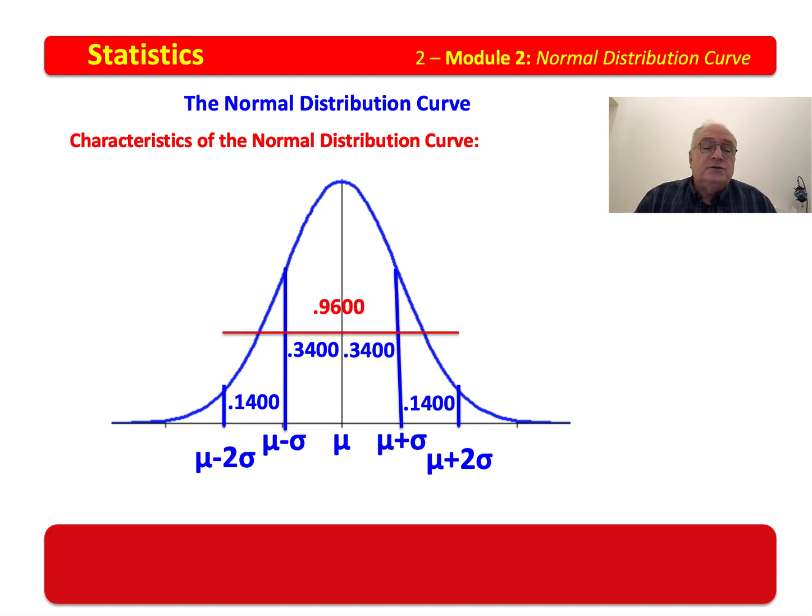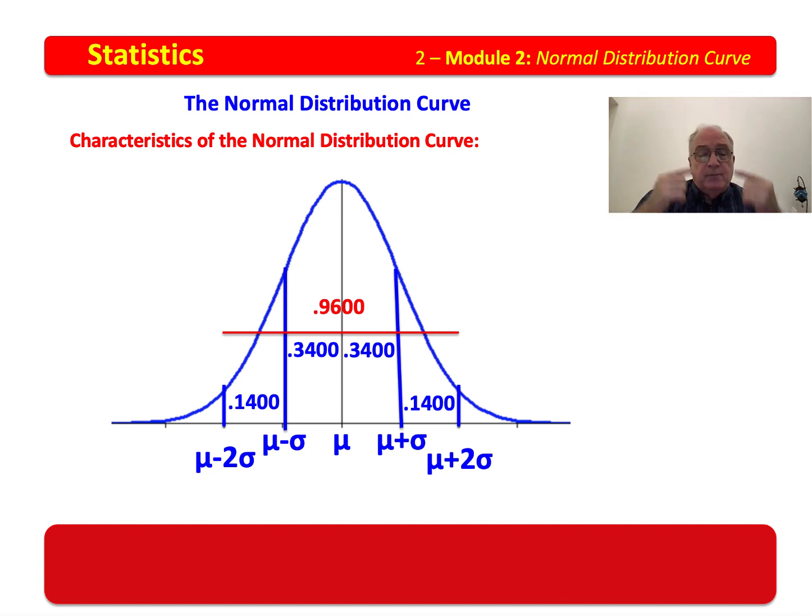We suddenly notice that we have 96% of the data, with 48% from the mean down to 2 standard deviations below and 48% from the mean to 2 standard deviations above. Notice that I can talk about percents and I can talk about decimals.